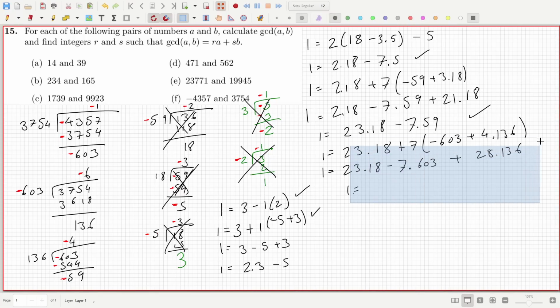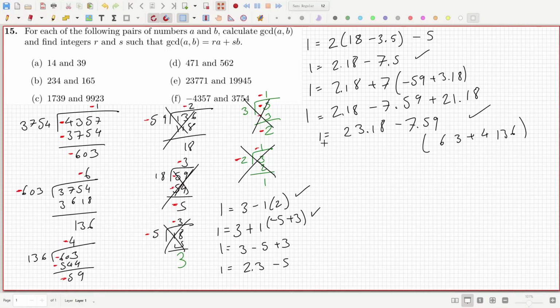That's why this isn't quite working out as I thought. I think I got myself a bit confused here about which step I was in. So I was at the replacing 18 step, not the replacing 59 step.